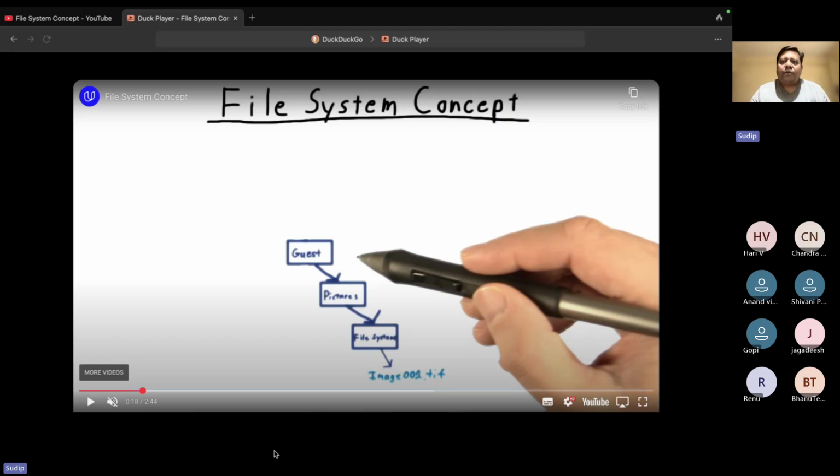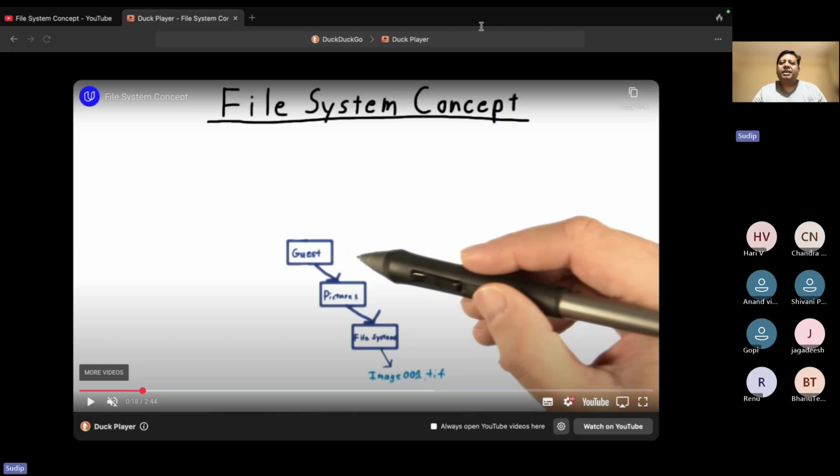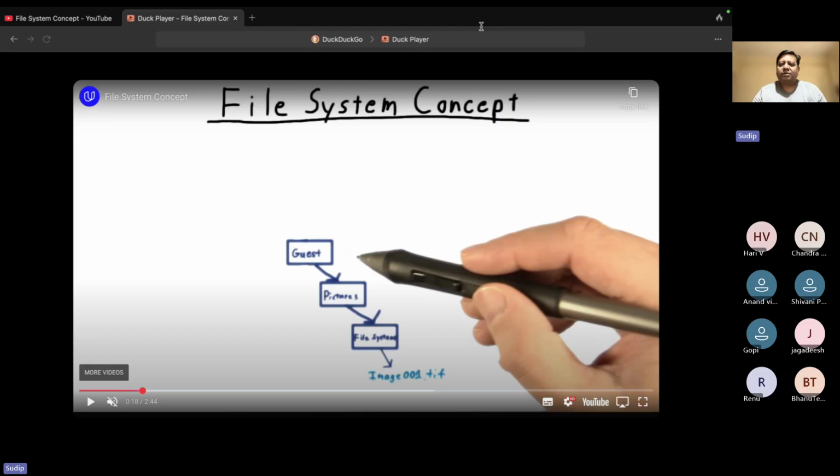So before we get into understanding this file system concept, let us do our practical exercise. It's going to be exciting, but a word of caution. Don't click anywhere while I'm telling you.